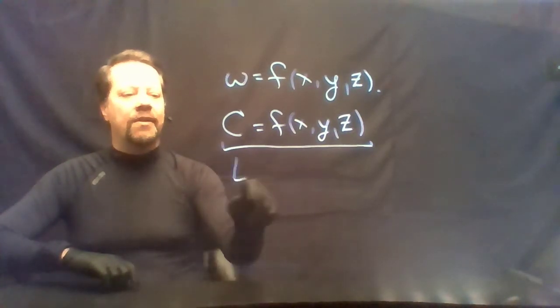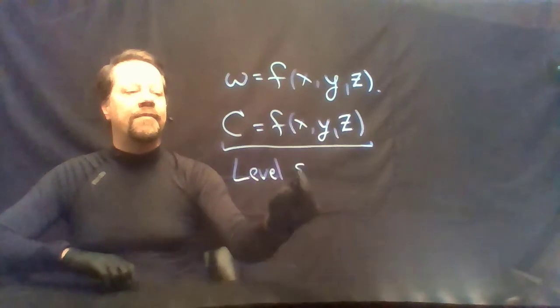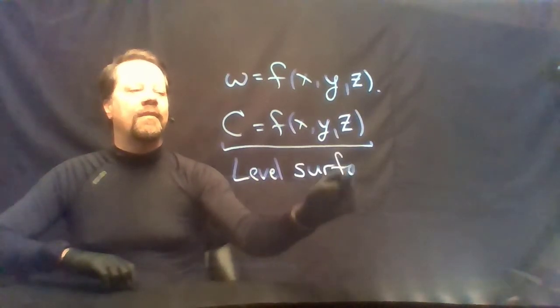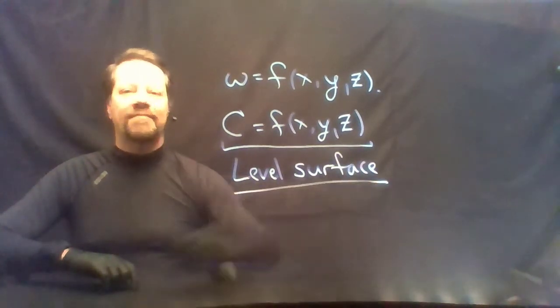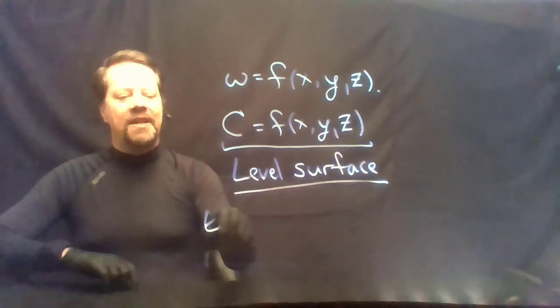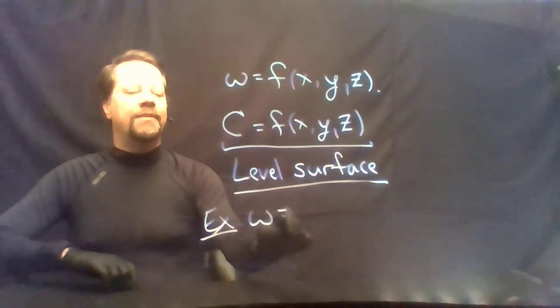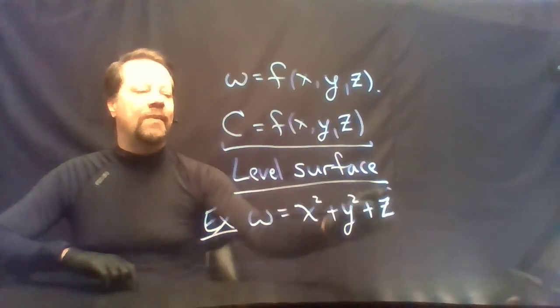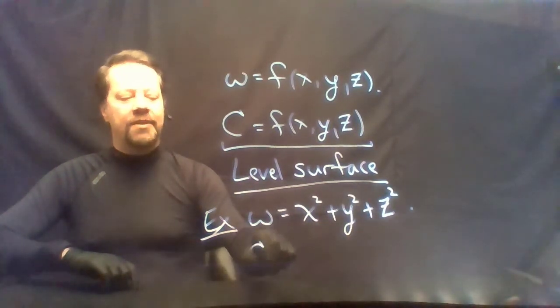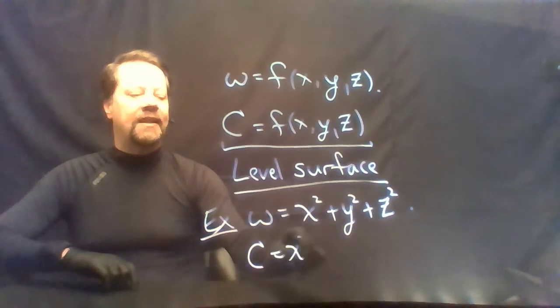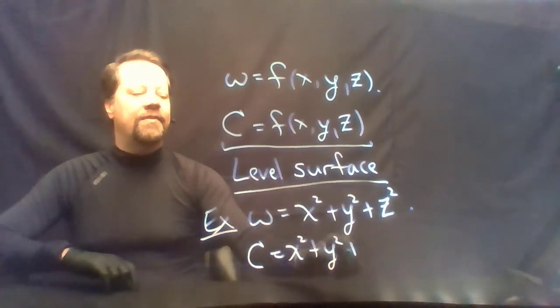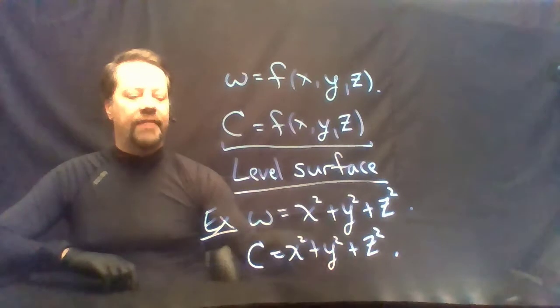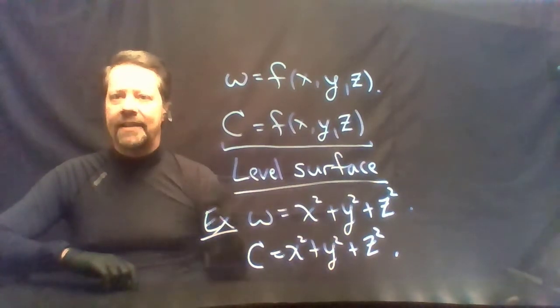This is going to be called a level surface. So for example, if I have w equals x squared plus y squared plus z squared, for each w equal to some constant c, I end up with a sphere of radius square root of c, provided c is not negative.